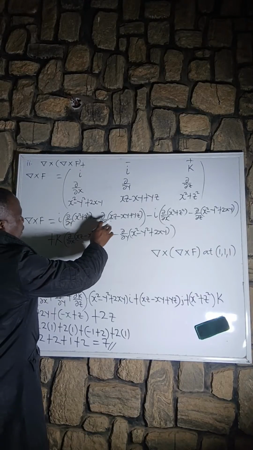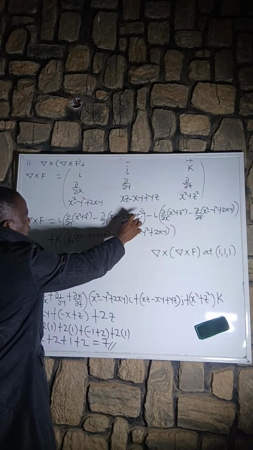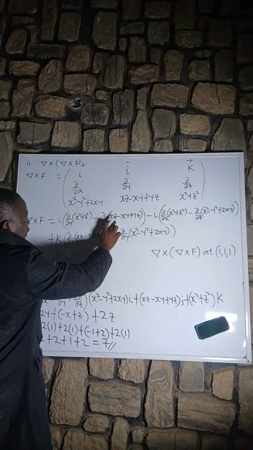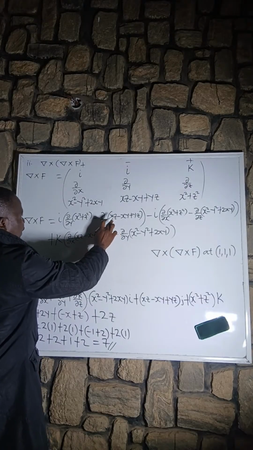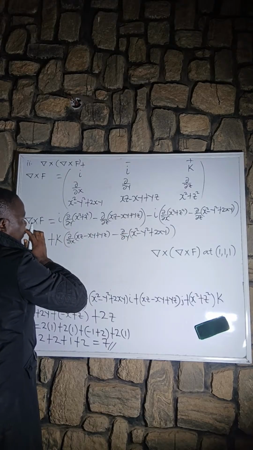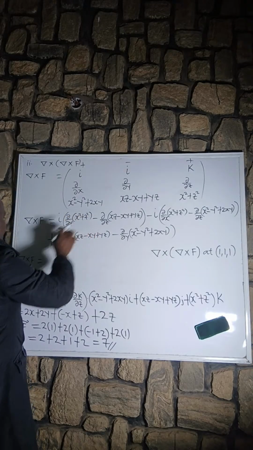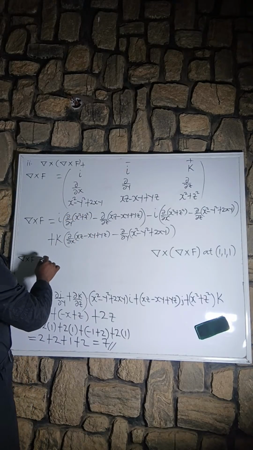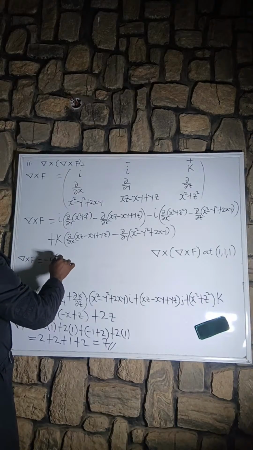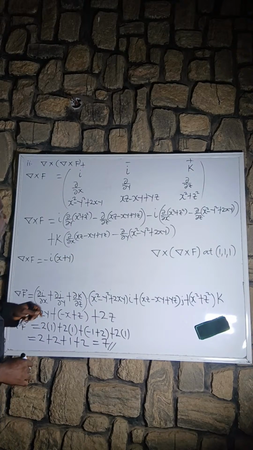Then here, differentiate what is inside here with respect to z. If you differentiate with respect to z, we are going to have x. Here will be 0. Here will be y. True or false? But mind you, we have minus here. So there will be minus i, open bracket, x plus y. You agree with me?